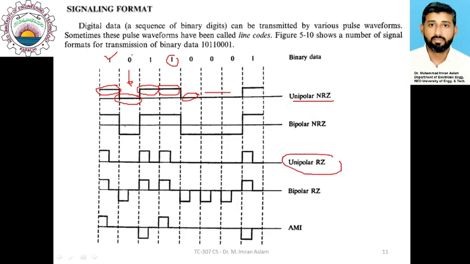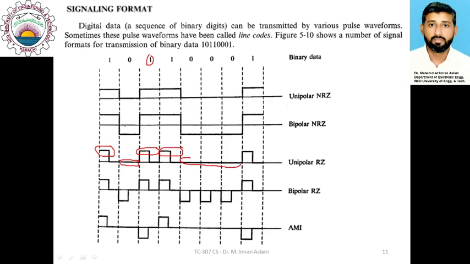The same thing is observable in RZ. The only difference is that we are using pulses which are only half bit duration wide. So 1 is represented by high amplitude, whereas 0 is represented by 0 amplitude here. The next one is also represented by a high amplitude with a half bit period wide pulse. The next one is also represented by high amplitude, and all zeros are represented by 0 amplitude here.